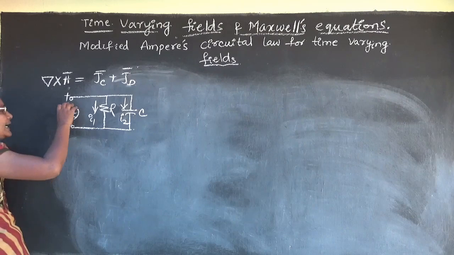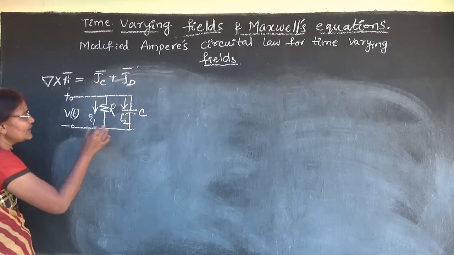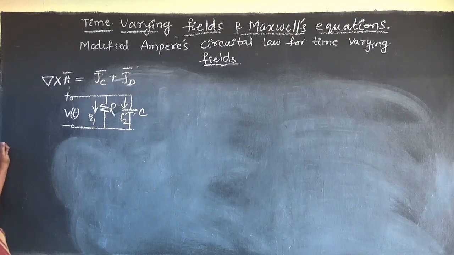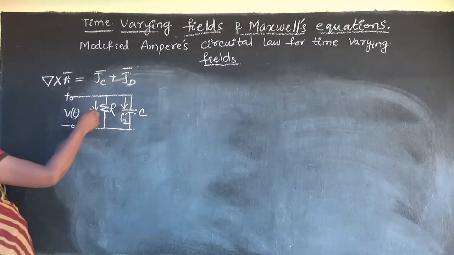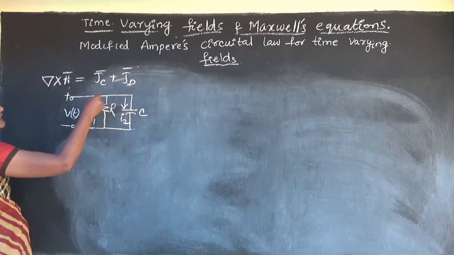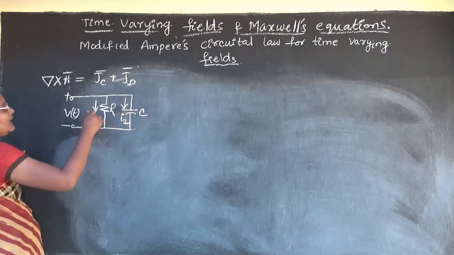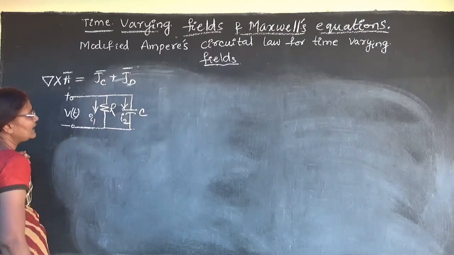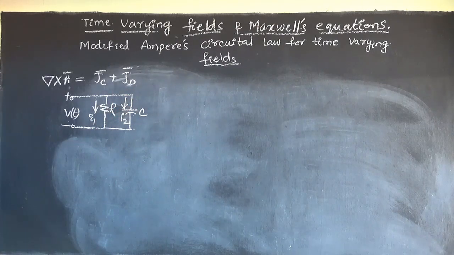In this circuit, a time varying field is applied, and here the circuit is a parallel combination of a resistor and a capacitor. The current will be divided into two branches of the circuit. Let the current flowing through R be I1 and the current flowing through the capacitor C be I2.